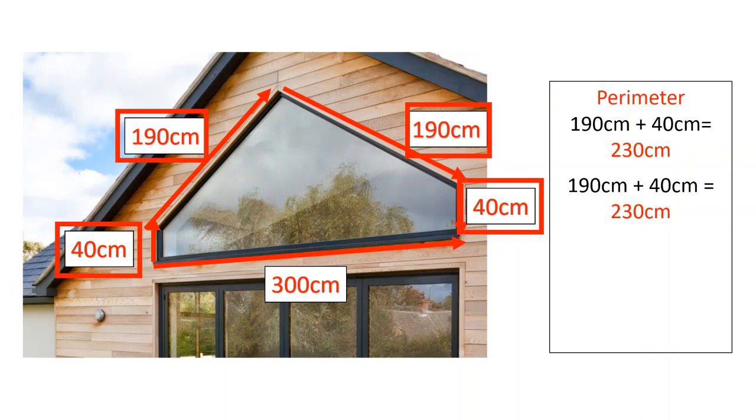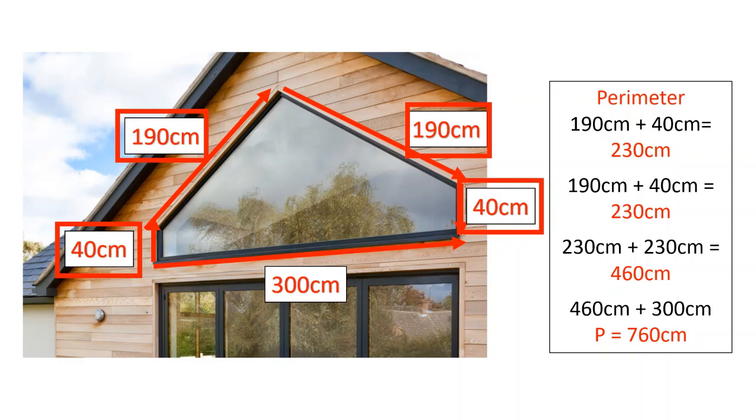And I then know that the length of these four sides joined together will be 230 centimetres add 230 centimetres, which will be 460 centimetres altogether. Then it's fairly simple for me to add the 300 centimetres at the end, and my total perimeter is 760 centimetres. If I wanted to then call that 7 metres 60 centimetres, I could do that, but I don't have to.